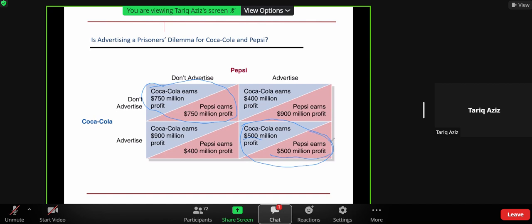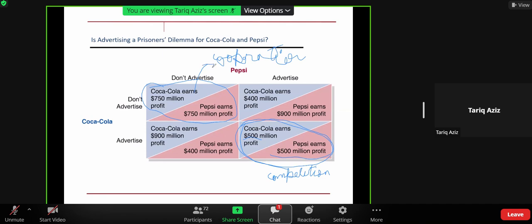So in equilibrium, their profit will be 500 million. So this is cooperation, and this is competition. If they compete with each other, their profits will come down.